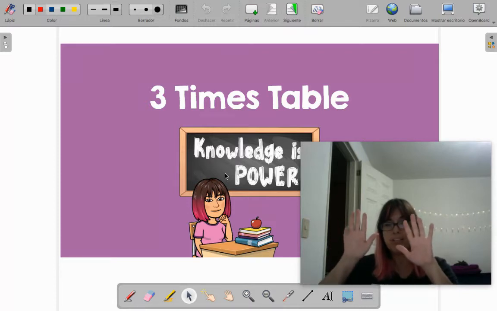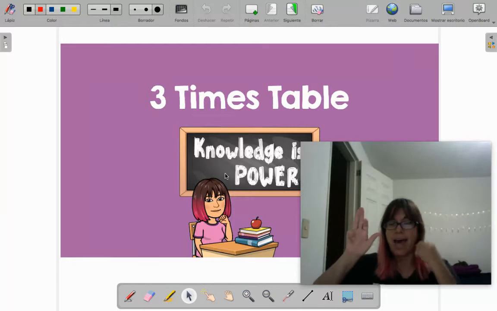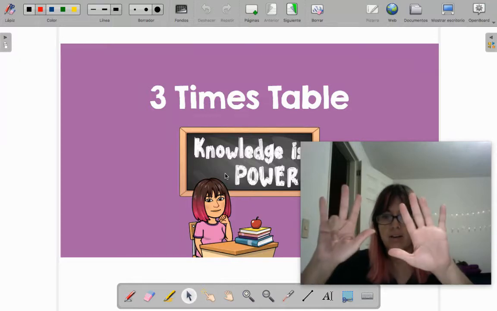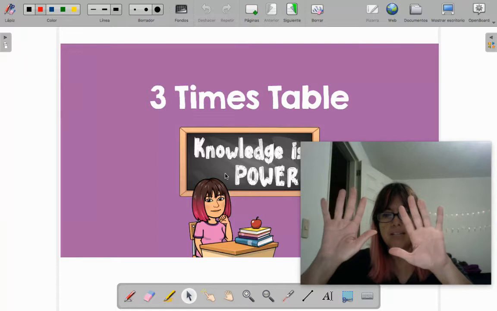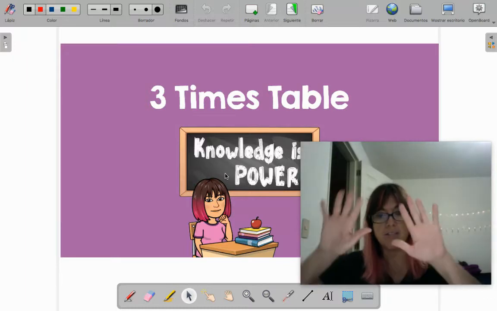If we put this finger down, that means we're saying 3 times 1. We put the finger 1 down because it's 3 times 1. And what we say in our mouth is the answer of 3 times 1. Okay? If I put the finger 2 down, let me get closer so you can see it, it means 3 times 2, because we're doing the 3 times tables.